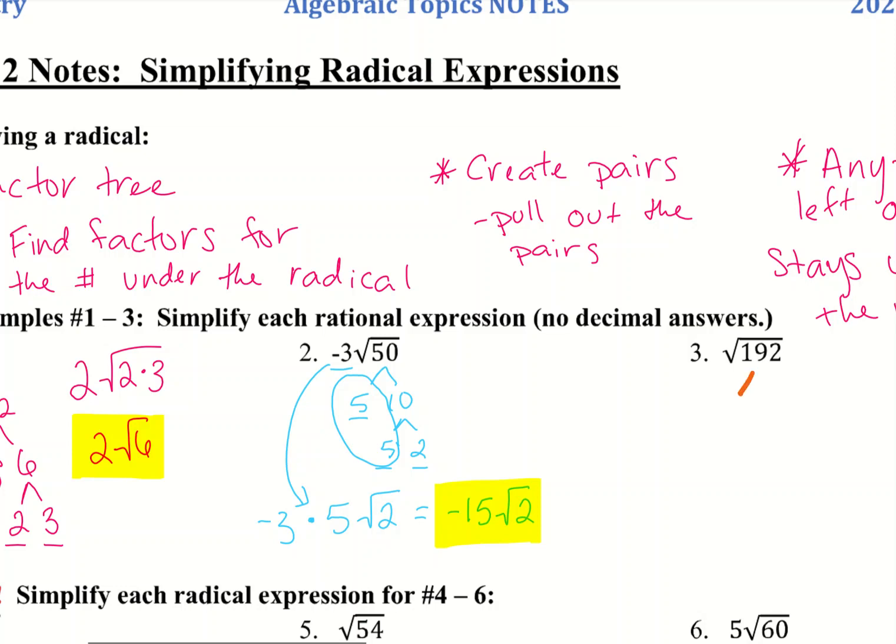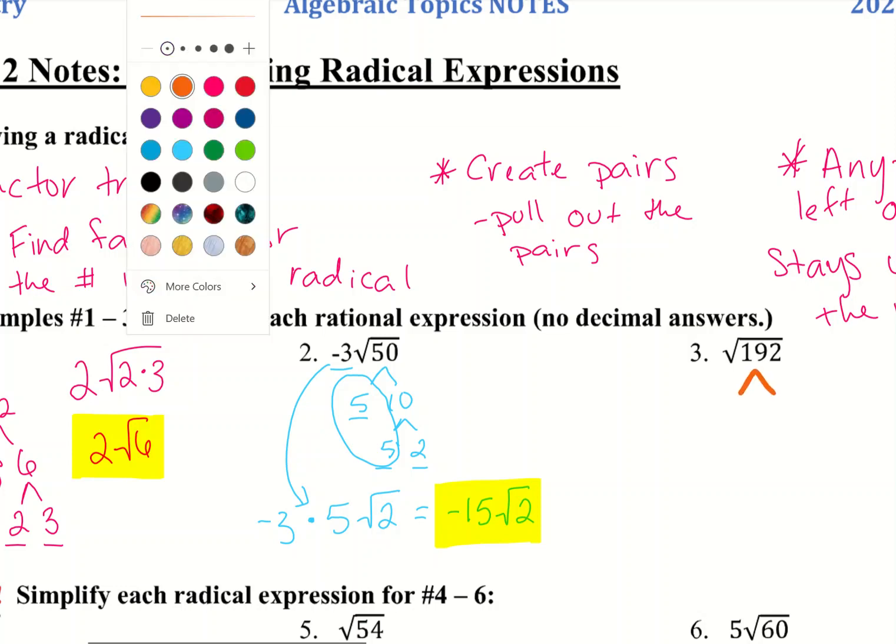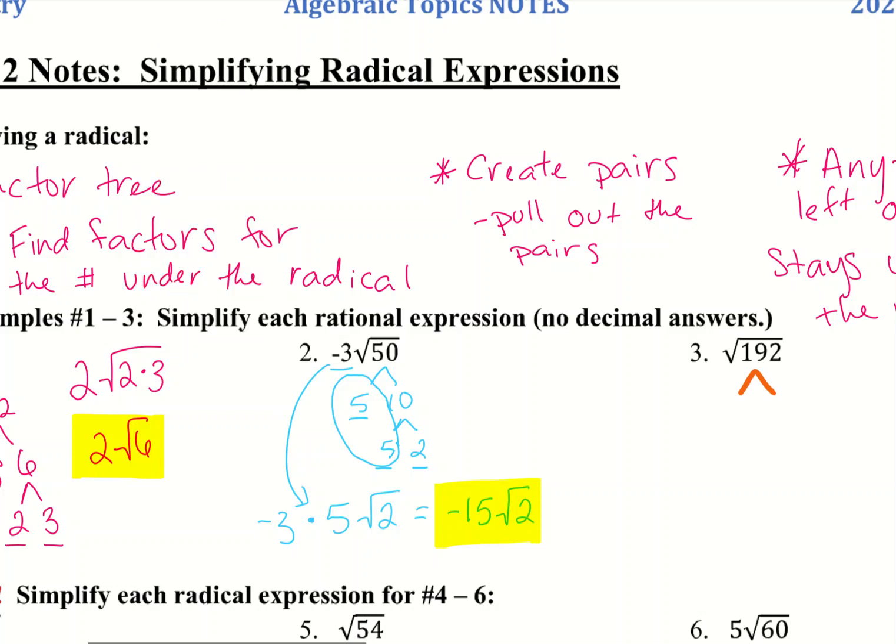192. So remember, when you're creating your factor tree, you can really choose any two numbers that multiply to whatever number you're working with. I decided to go with 6 and 32. They were kind of larger numbers, but if you saw different numbers, that's not necessarily wrong. You can choose any numbers as long as they multiply to whatever's underneath the radical.